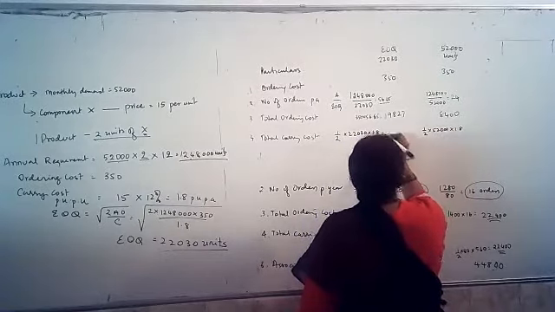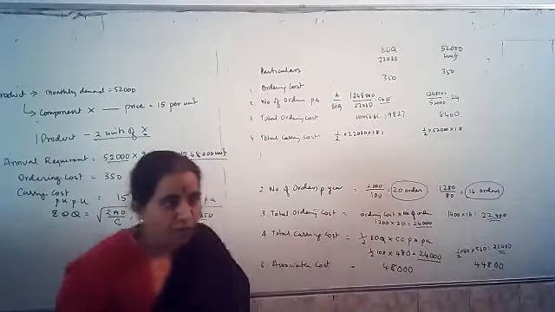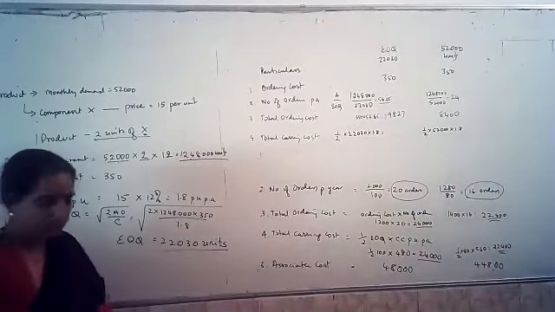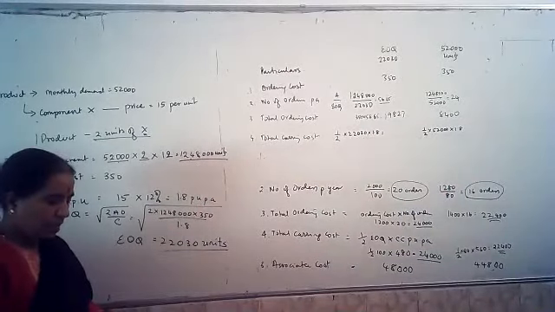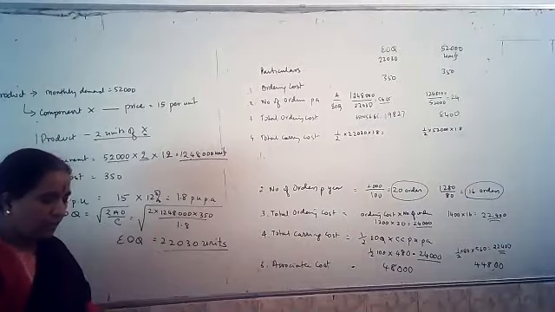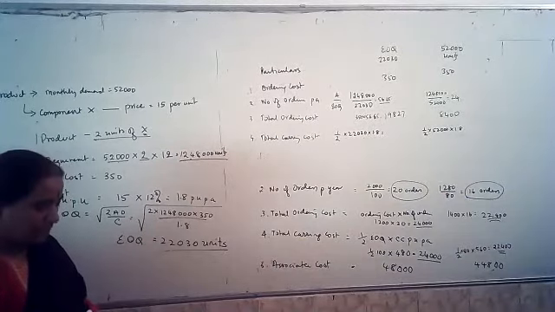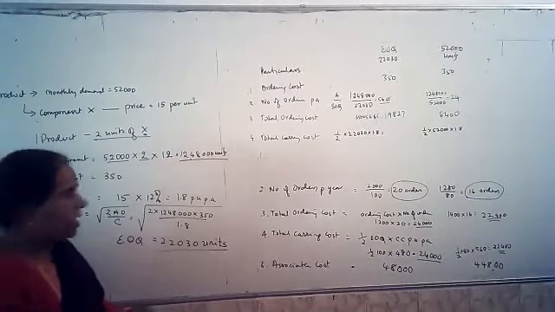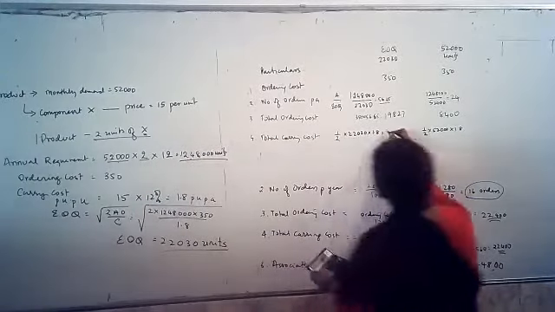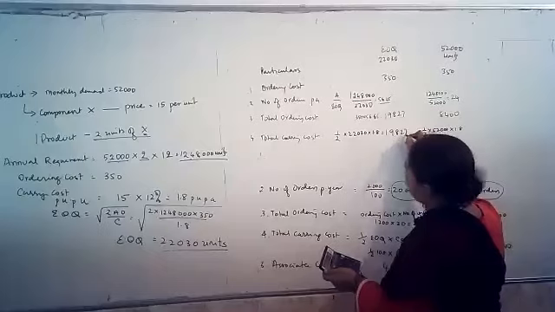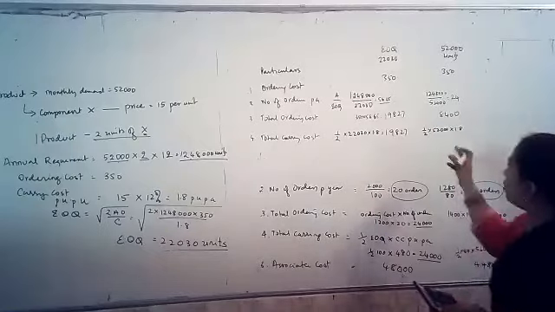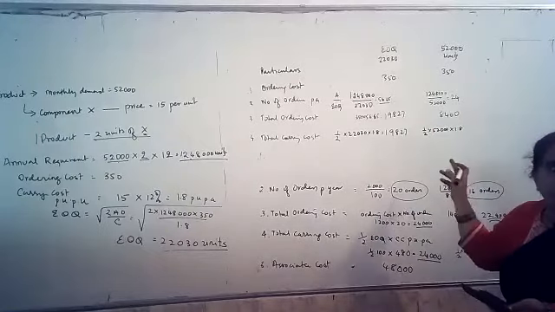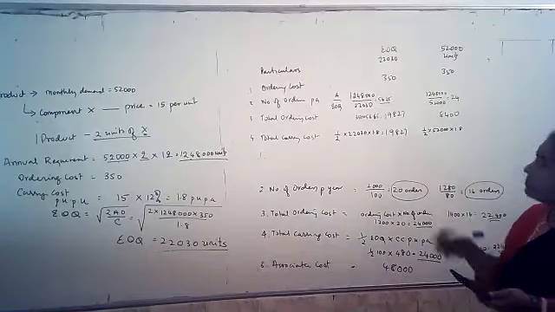So how much is this? It is half of 22,030, that is 22,030 divided by 2 multiplied by 1.8. That comes to 19,827, the same as the ordering cost. But here it is not EOQ, so you will not get the same carrying cost.